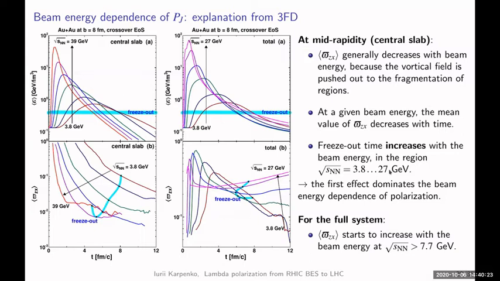So in principle, those two other factors work against it. They would actually increase the polarization with beam energy, but it turns out that the first factor actually dominates. So this creates the overall decreasing trend of polarization with beam energy.